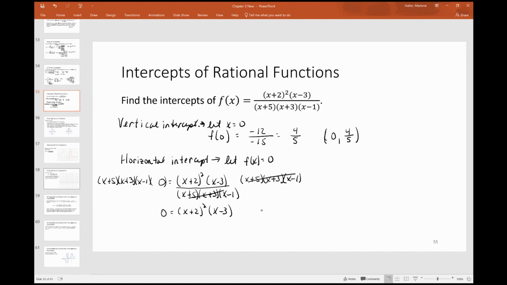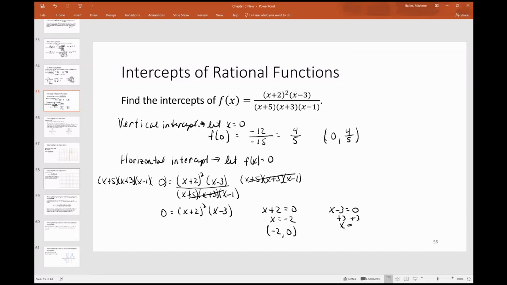We're going to say either x plus 2 equals 0, and it doesn't matter that it's a multiplicity of 2, right? That's not going to affect anything here. So x equals negative 2. So one horizontal intercept will occur at -2, 0. The other one, let's look at the other factor, x minus 3 equals 0.